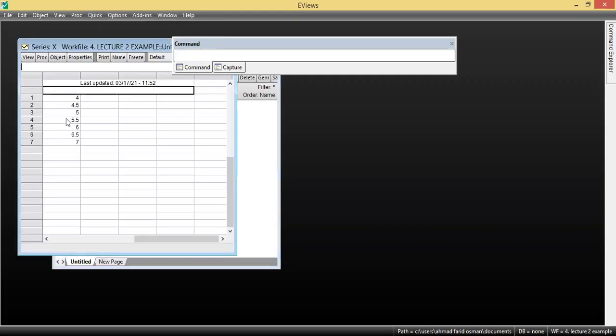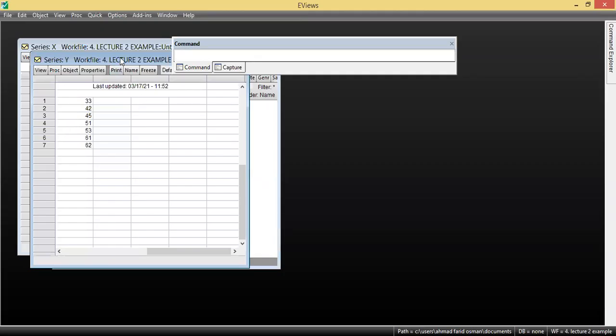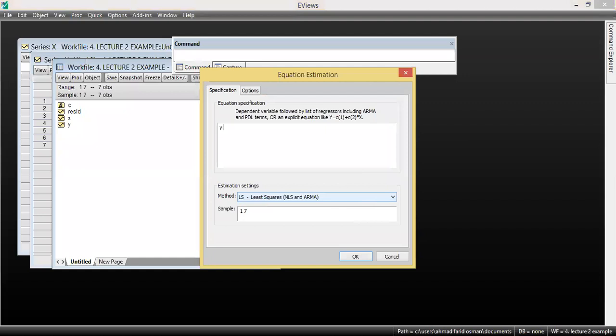Here you have the data y as well as the x variable. To estimate, you just put y space c space x. So the dependent variable y, c for the intercept, and then the independent variable. So we get this.